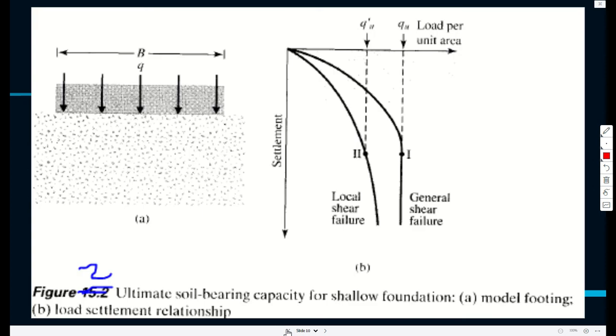So imagine this. This is stiff soil. So we are increasing this load. This load goes up until the soil here fails. At the failure point, this value Q becomes equal to QU.